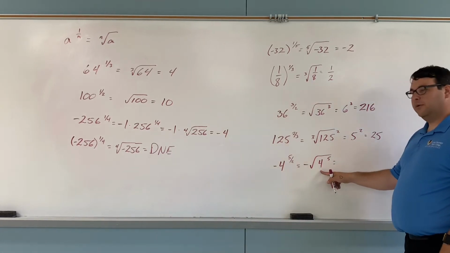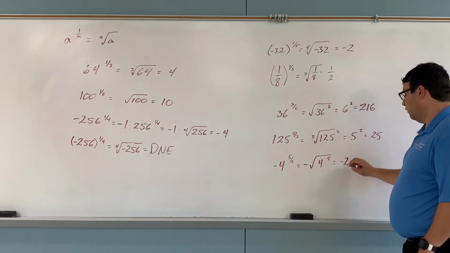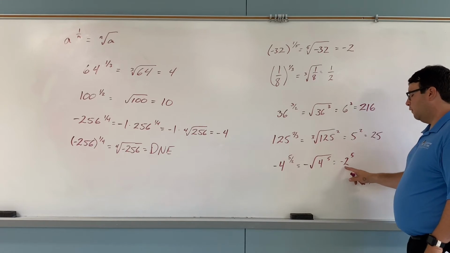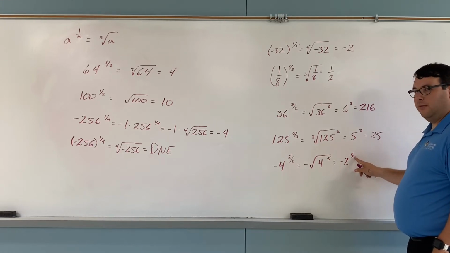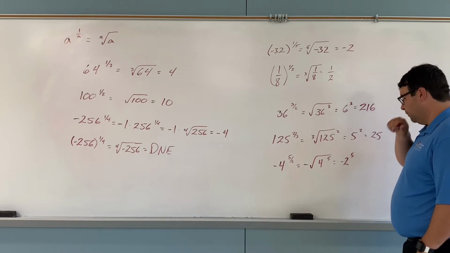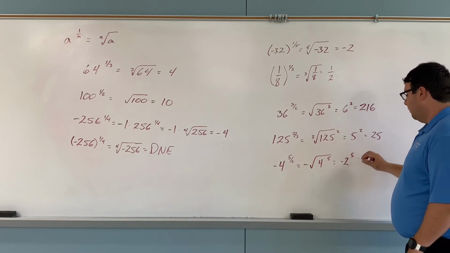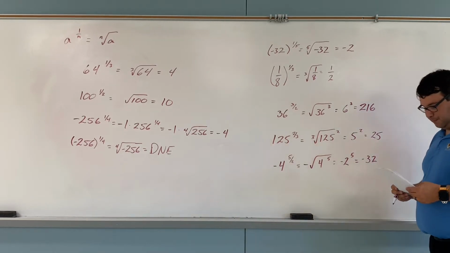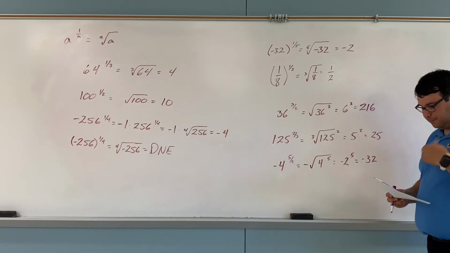Well, square root of 4 is 2, so it's a -2 to the 5th power. Keep in mind, only this 2 is raised to the 5th, okay? So 2 to the 5th is 32. That negative then applies, so it's -32.